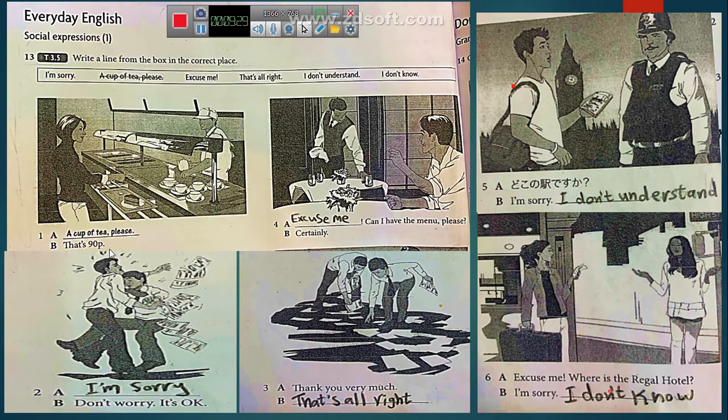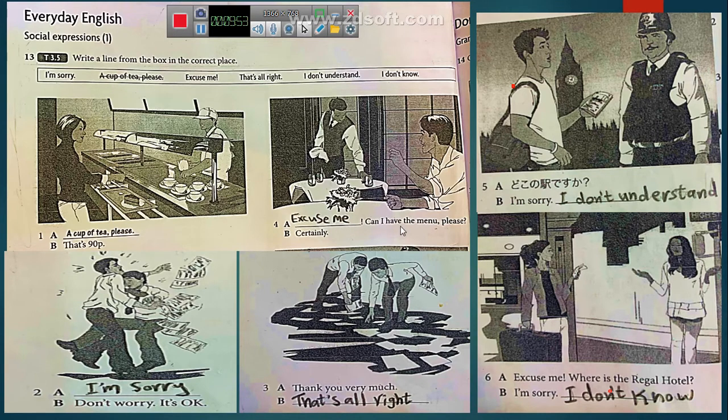That's 90 pounds. Next, here there is an accident, so we use I'm sorry, don't worry, it's okay. Thank you very much. So here, that's all right.